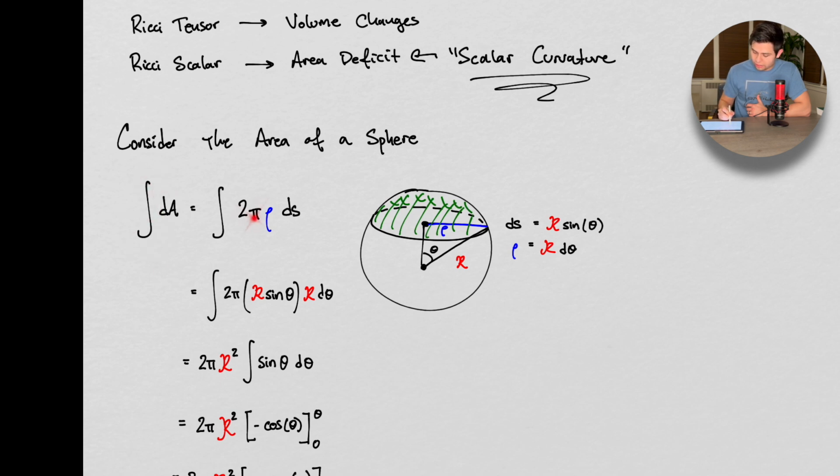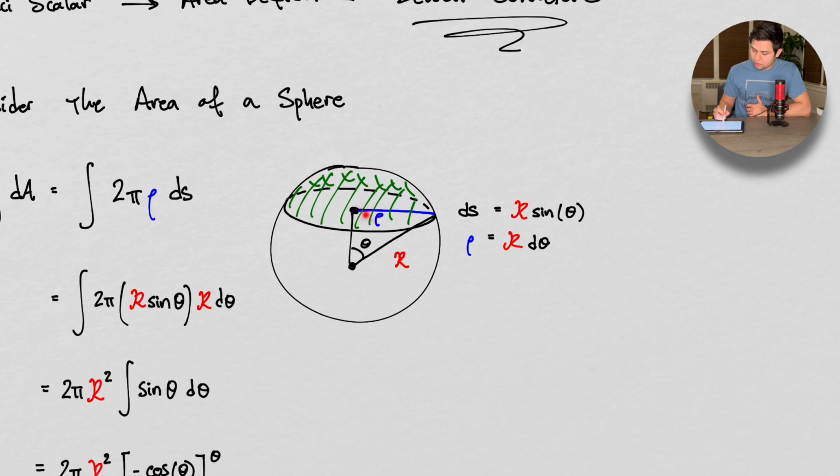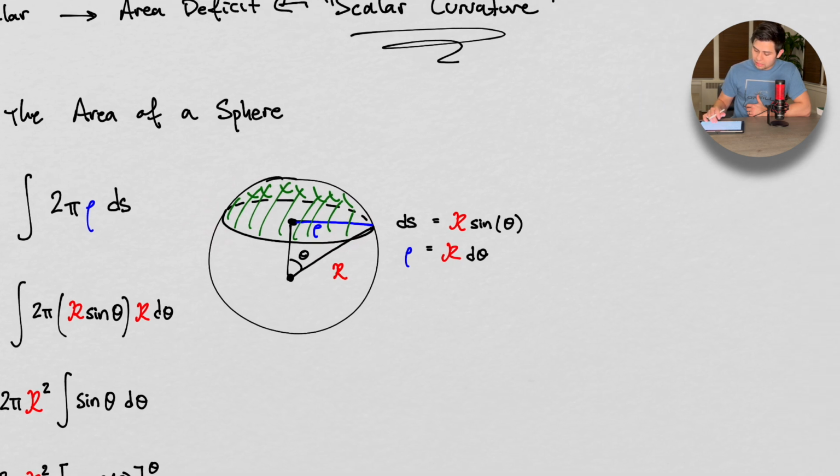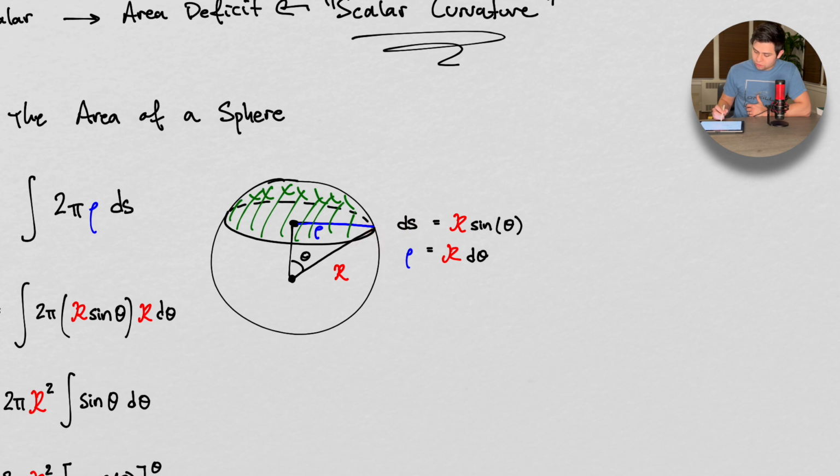The area is 2 pi rho, where rho here is the radius at this point, of the circumference of this circle. ds is going to be the thickness of the circle. Rho, through trigonometry, we can find is this times the change in our angle.